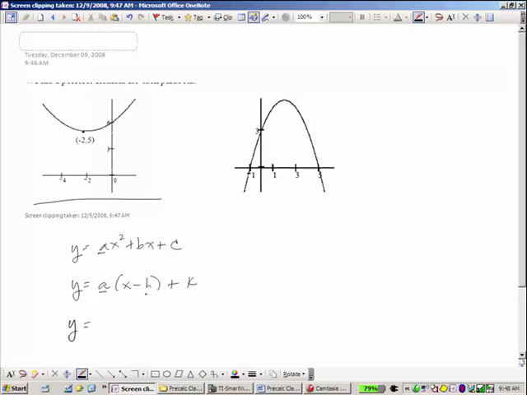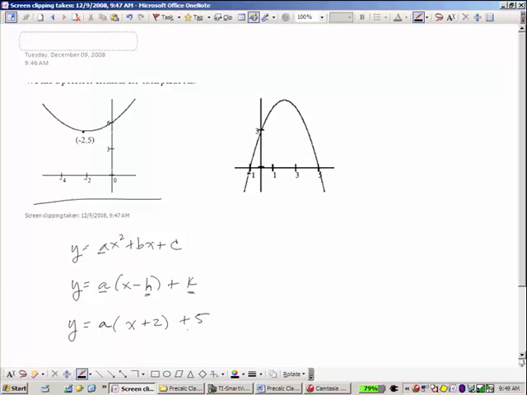I said 2. So x minus 2 or plus 2? Plus 2. Why plus 2, everyone? To the left. All right, it's to the left. And then plus 5.